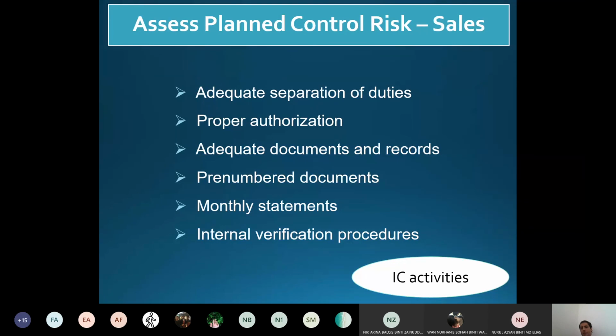So what are the internal control activities related to sales when we are trying to assess planned control risk? First, adequate separation of duties, proper authorization, adequate documents and records, pre-numbered documents, monthly statements, and internal verification procedures.